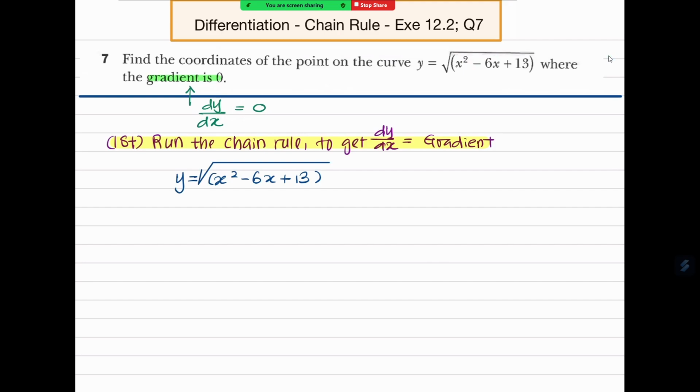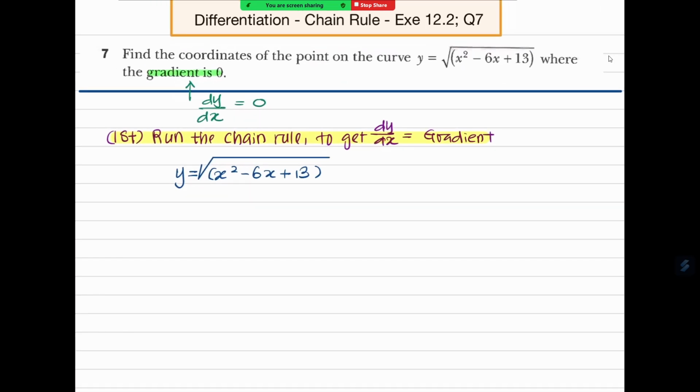Therefore, before we run the chain rule, we want to make the indices super clear. So let us rewrite this in indices form, instead of the root notation. Now the indices is very clear.